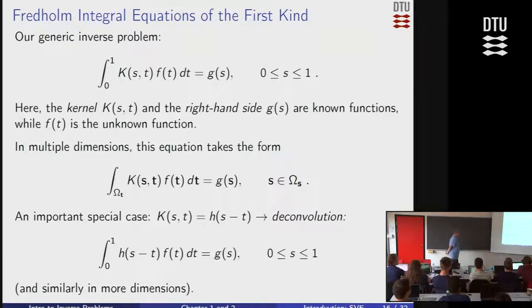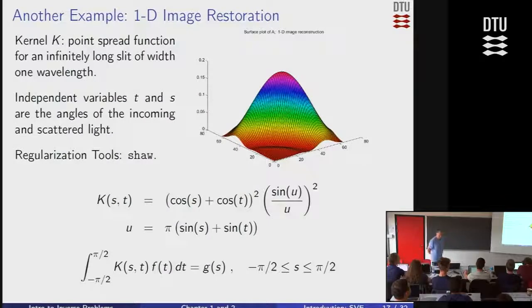And then there's a special case which is important. It's called deconvolution, and that is when the kernel has a very special form where it only depends on the difference between the two variables s and t. And you can also do that in more dimensions, and we'll actually have a micro-project later on related to deconvolution. It's a very important special case.